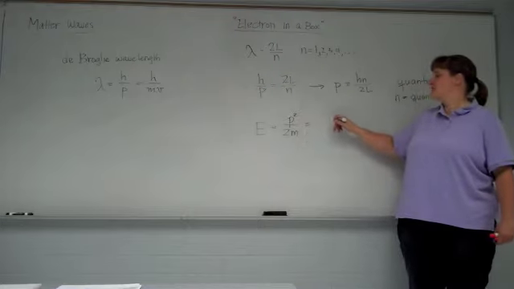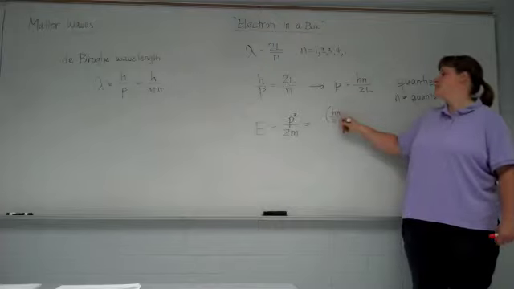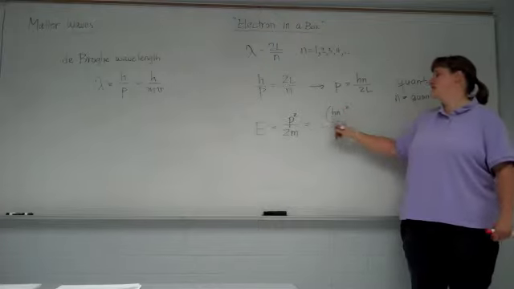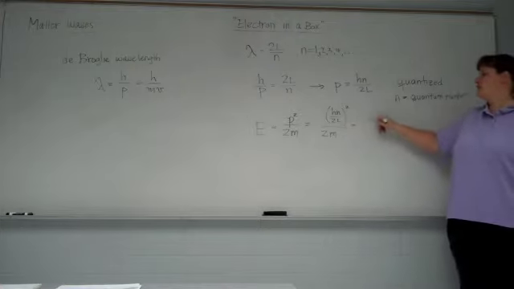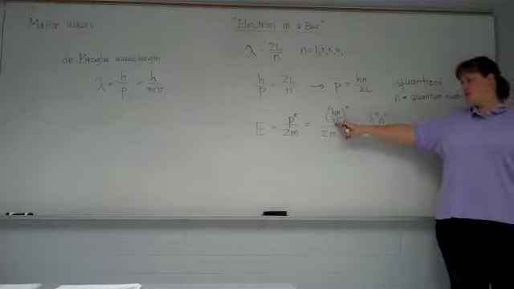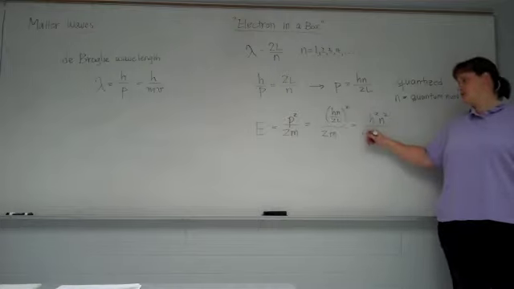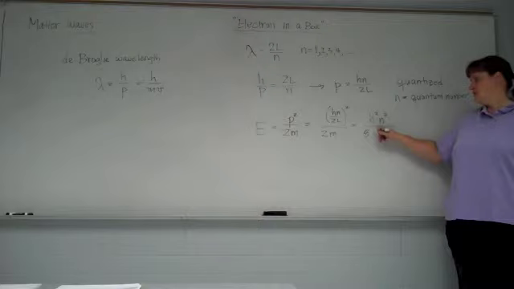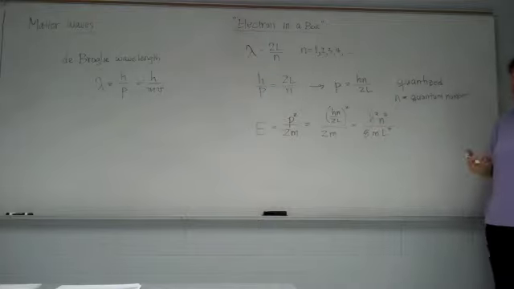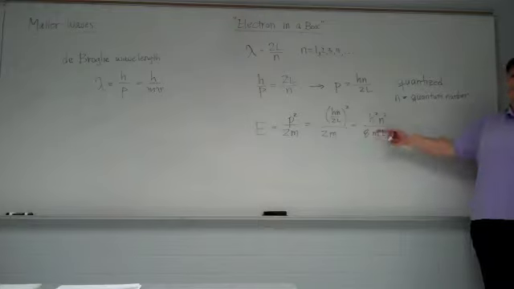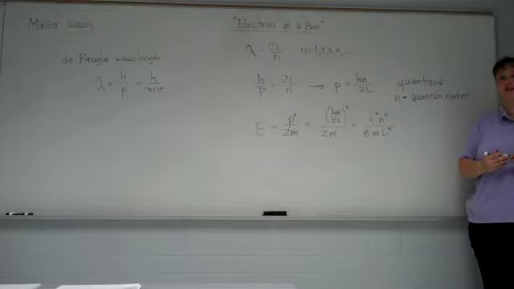Well, if we plug this in, momentum squared over 2m, we get h squared n squared over 2 squared, but 2 squared times 2 is 8, m L squared. And again, with the energy as well, there are only going to be certain allowed energy levels, certain amounts of energy that your electron can have.